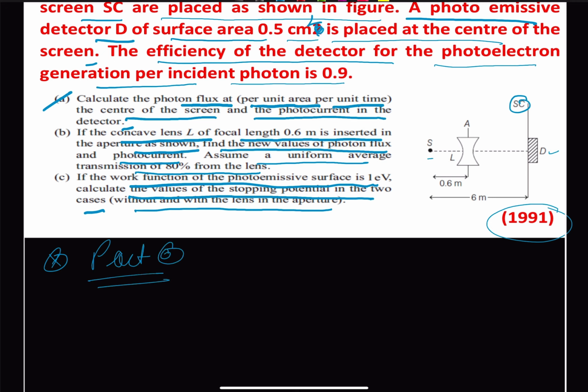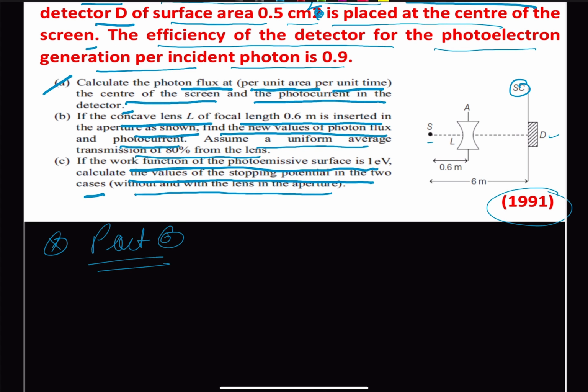So part A, we can find out the energy of one photon, that is E equal to hc upon lambda, and we can just simply substitute the values.